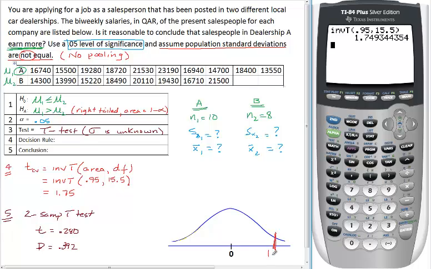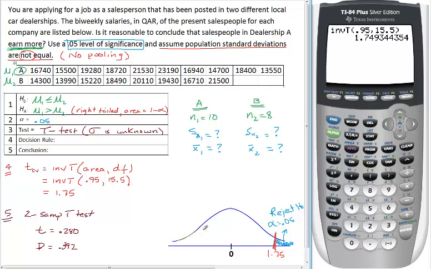So 1.75 is roughly up here. What it's saying is that all this area in here is 0.05. This is alpha. And of course, this is our reject region. I'm going to reject the null hypothesis. Anything below that, we are going to not reject or accept.